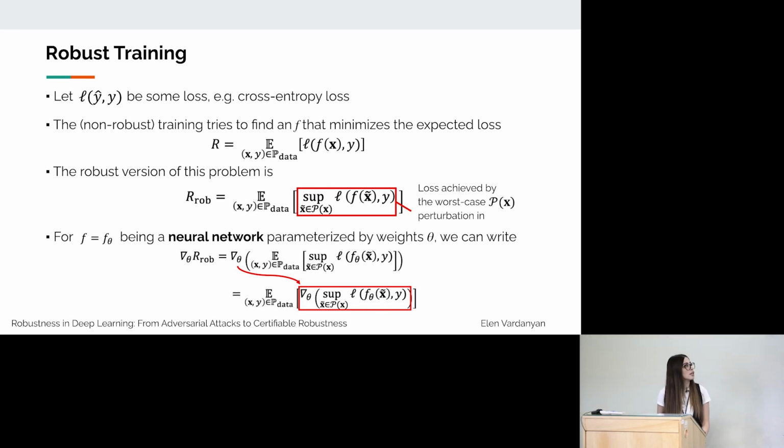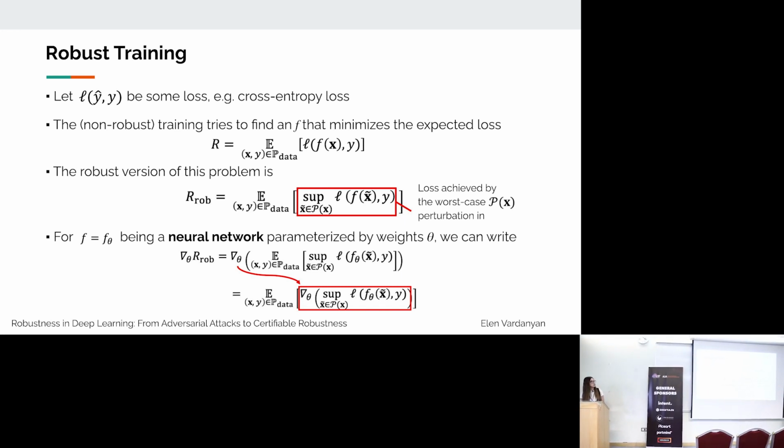Let us have L(ŷ, y), which is the loss between the predicted and ground truth outputs. For this example, we pick it to be the cross-entropy loss. The old, non-robust loss that we would have before is this first one, the expected value, so sort of the average, of all of the losses evaluated on all of the points.